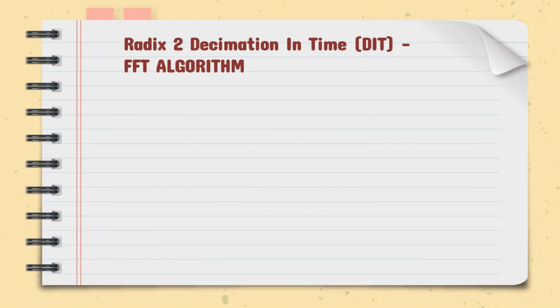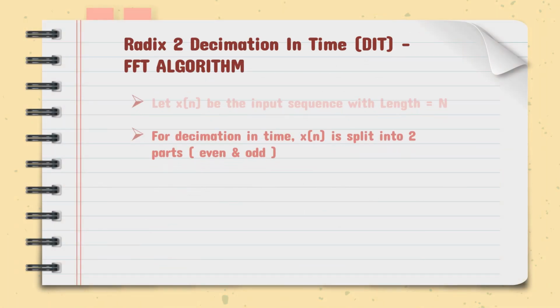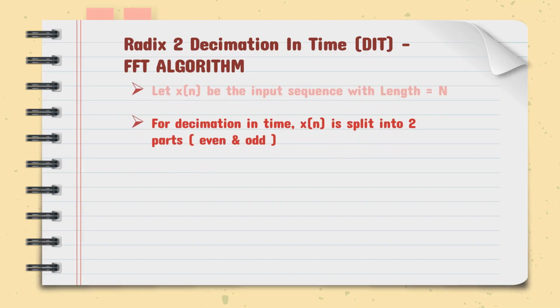For the radix-2 decimation in time FFT algorithm, first, we let x[n] be the input sequence with length equal to N. For the decimation in time, x[n] is split into 2 parts, which are the even and the odd part. The even index will be g[m] equals x[2m], where m will be equal to 0, 1, until N by 2 minus 1.